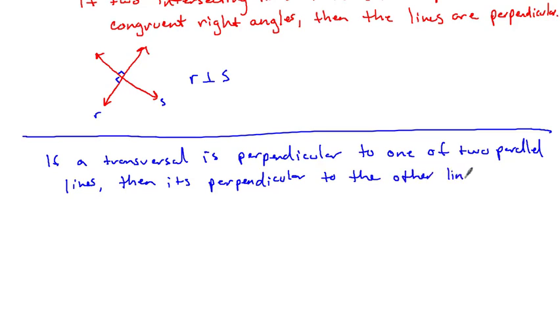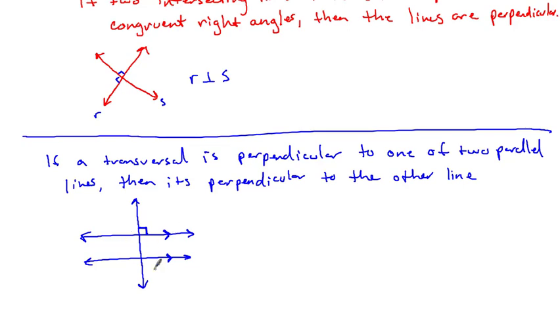Okay, so it might sound like common sense, but we're going to draw a little picture of it. So let's say we have two parallel lines, because that's what it's talking about here. And we have a transversal that cuts through them like this. And it is perpendicular to one of those lines. Now remember, parallel, I would need to mark them with the little parallel symbols.